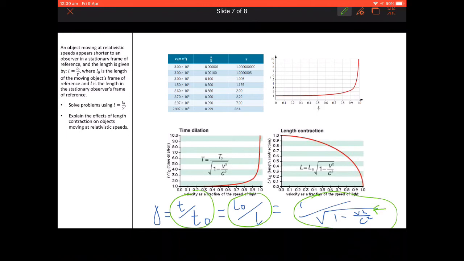Hopefully you can see that given that all of these equations equal each other, these lengths and times are going to be equal when the relative velocity between the reference frames is 0.